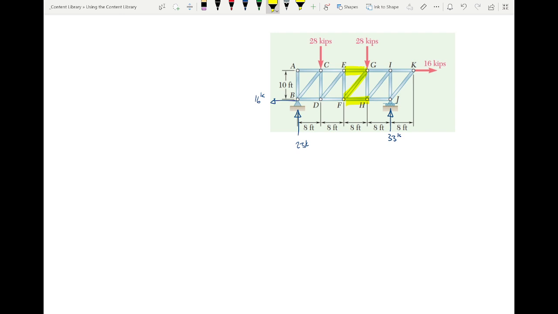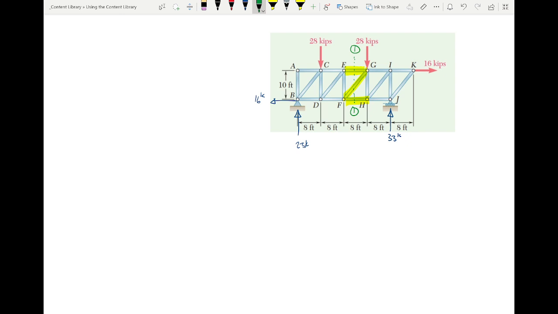Now, the method of section states that we can cut a section through no more than three unknowns. Since those are the members, they're all unknown, and there are three of them, I'm just going to cut a vertical section right through this series of members. And just like a CAD drawing, where you have section views, I'll call this like section 1-1. Or you could call it section AA, however you reference it in Engineering 102 or CE 102.